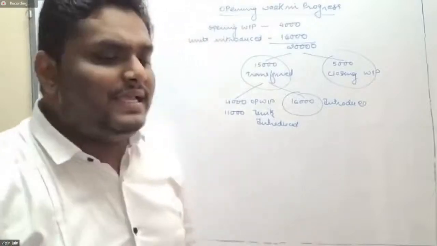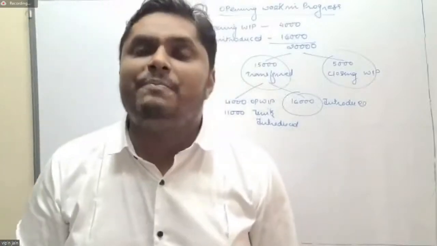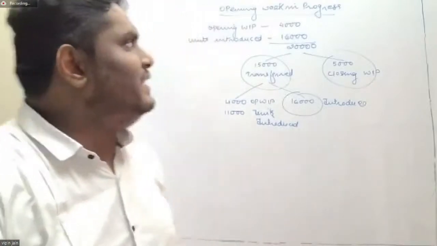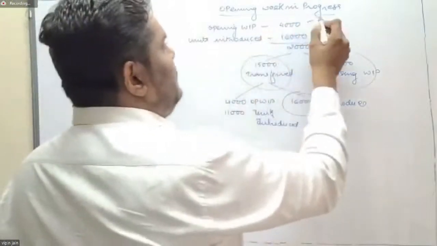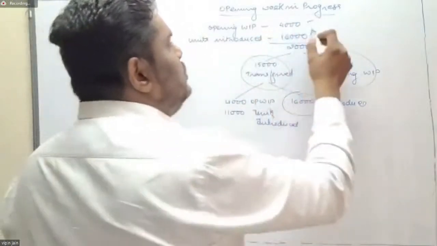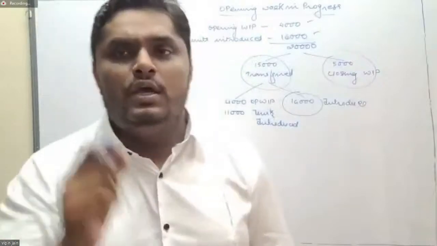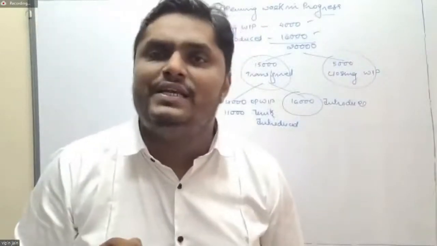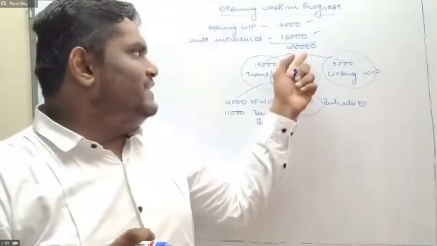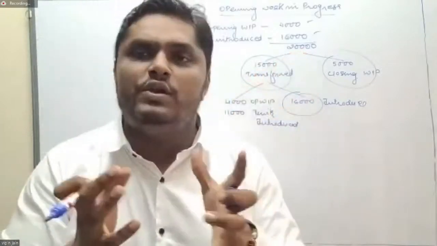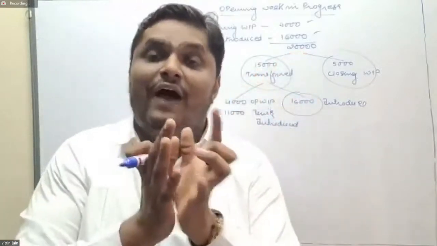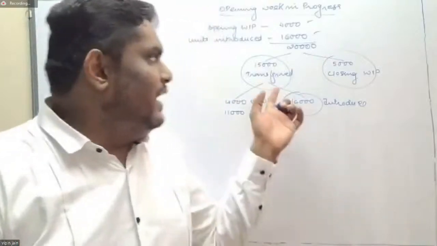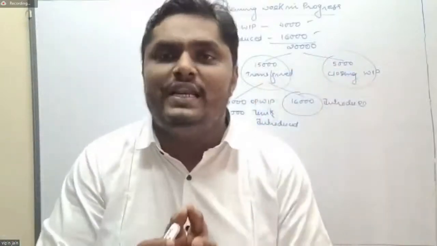I repeat again, guys, we are discussing the concept wherein opening work in progress is given in the question. That is, opening work in progress is of 4,000 units. Units introduced are 16,000. So in aggregate, we have 20,000 inputs in hand. Out of these 20,000 units, 15,000 units were transferred to the next process after 100% completion, and the balance 5,000 units are still in process.